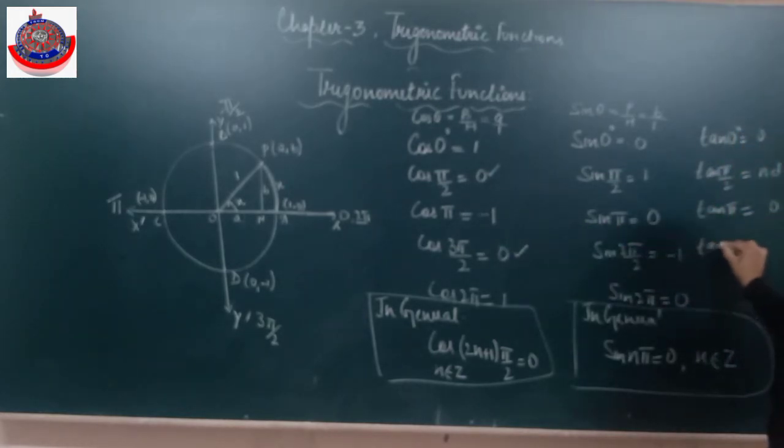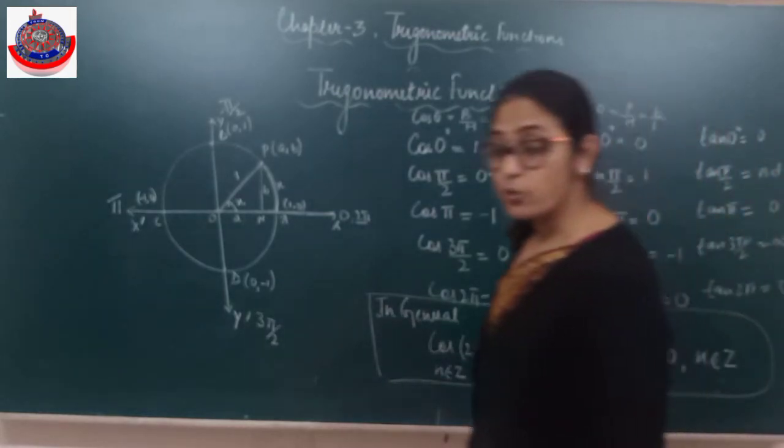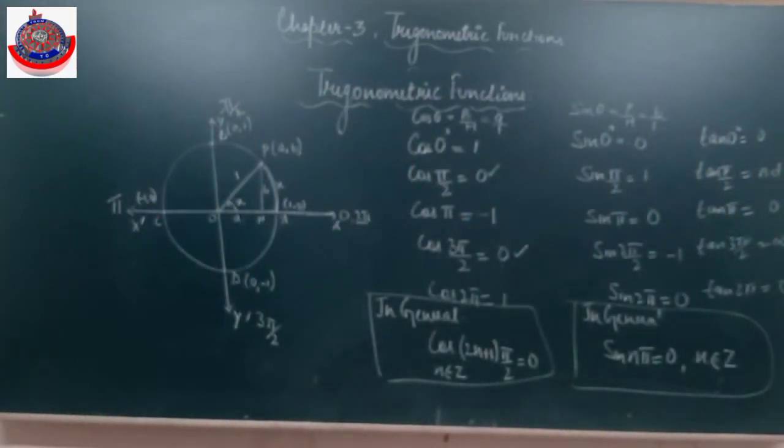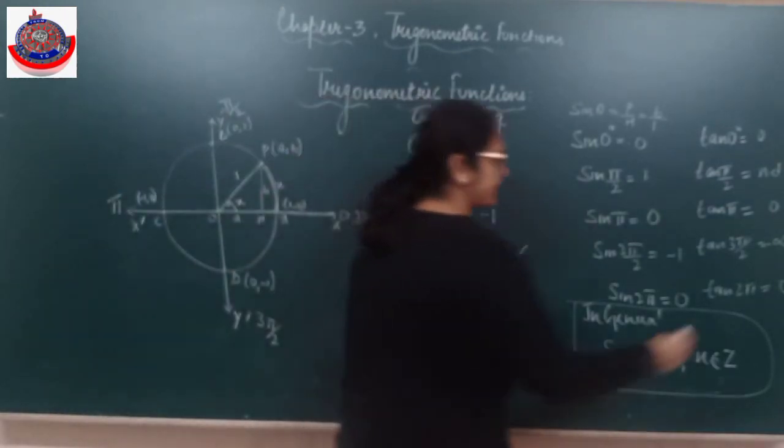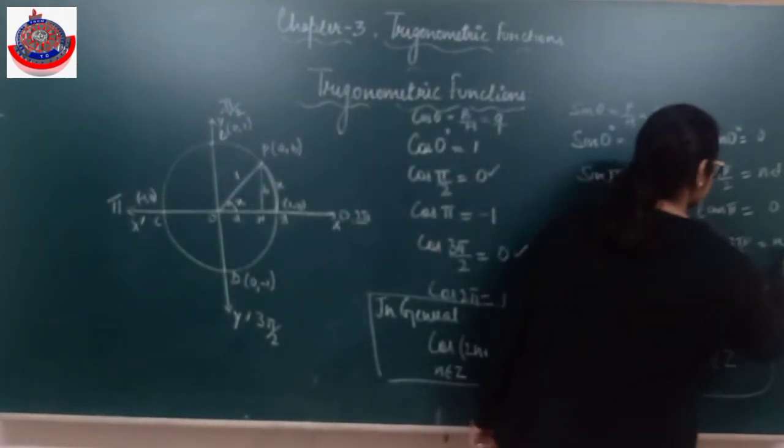What is tan 3π/2? Minus 1 by 0, infinity. What is tan 2π? That will be 0 by 1, 0. Is this clear? Alright? Clear everyone? Or I said not defined, minus infinity, we will be doing the concept after this.